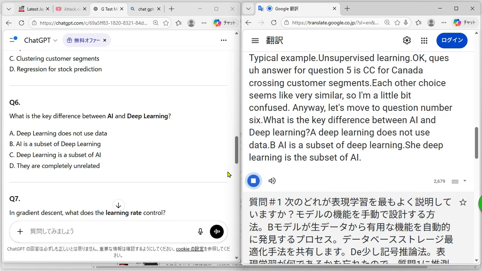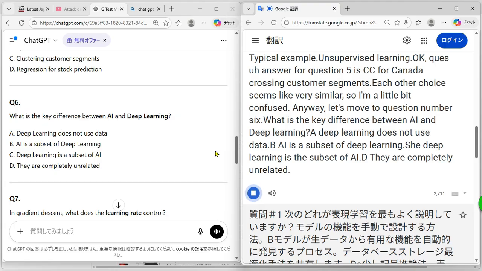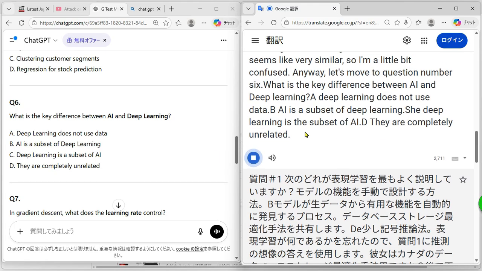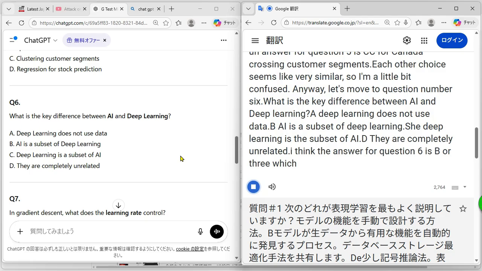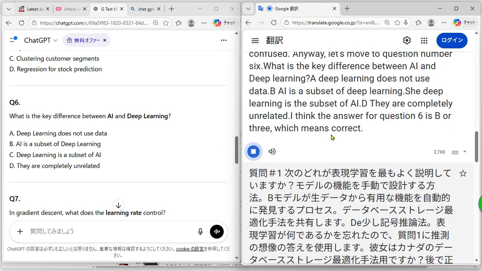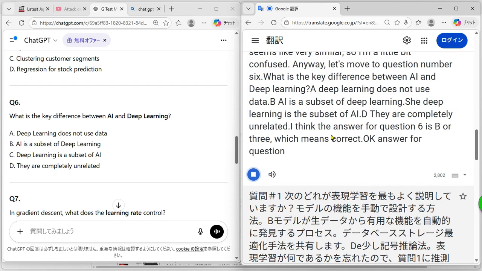D. They are completely unrelated. Well, I think answer for question 6 is B or C. Which one is correct? Okay, answer for question 6 is B. AI is a subset of deep learning.